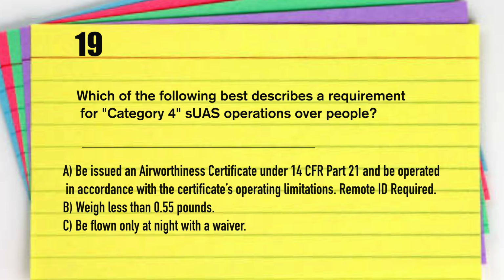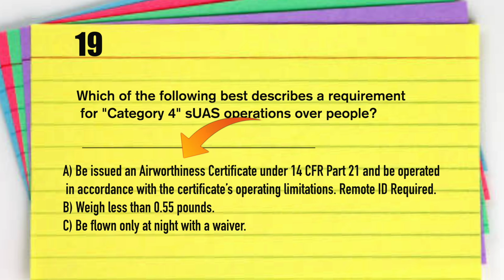Now, flashcard 19 pertains to Category 4 requirements. What you're looking for here is very, very obvious, and it is called an airworthiness certificate. If you see that anywhere on a Part 107 exam, that only applies to Category 4. So where you were seeing the declaration of compliance and the means of compliance in Categories 2 and 3, which basically come from the manufacturer, you don't need to have those sort of certifications for Category 4.